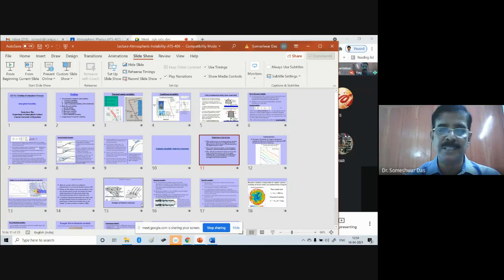Equivalent potential temperature theta E is a representative of the thermal energy, and similarly the momentum surfaces are representative of the Earth's angular momentum.